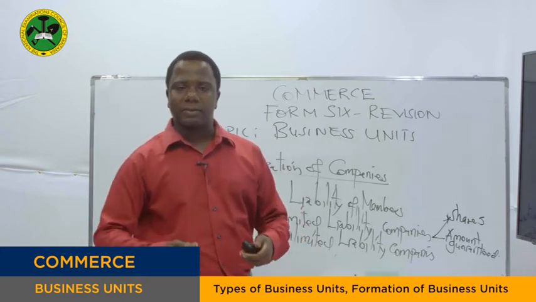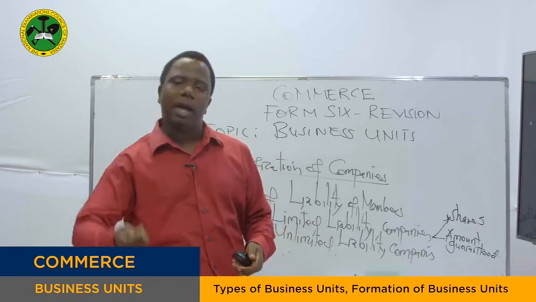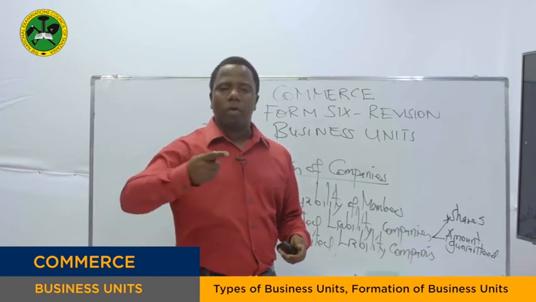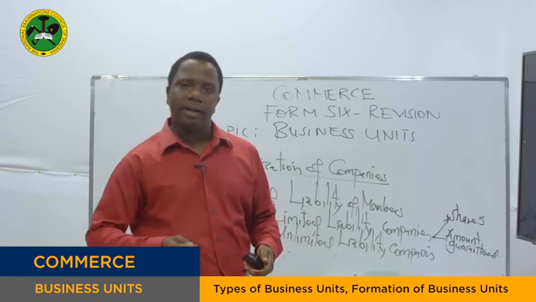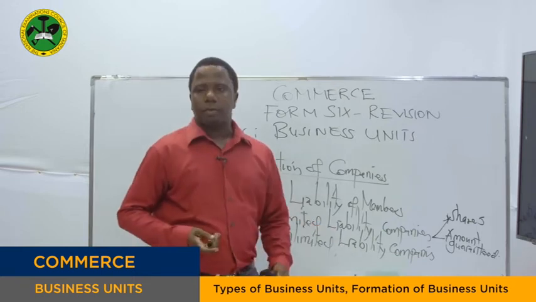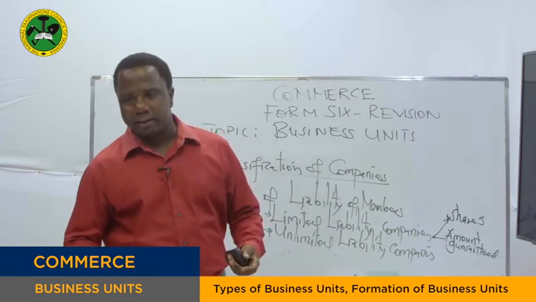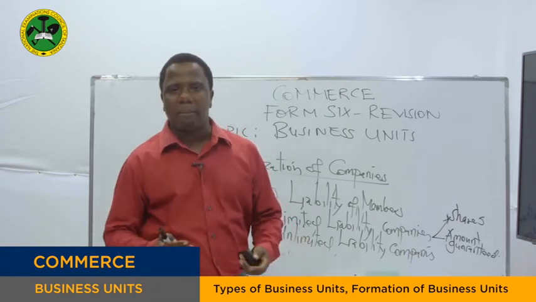The members may guarantee, or give a promise on, the amount of money they may contribute in case a company is in debt. But unlimited liability companies are very, very rare in our country, we don't have such companies.